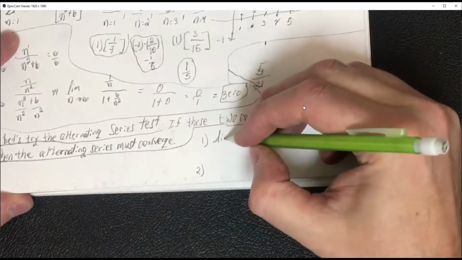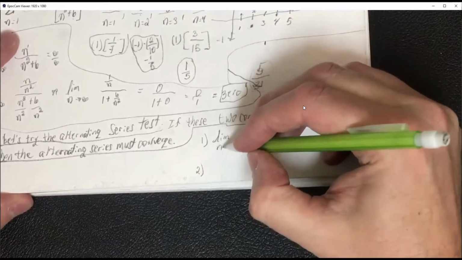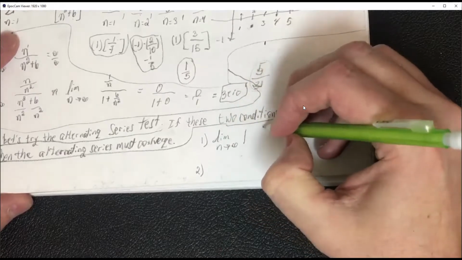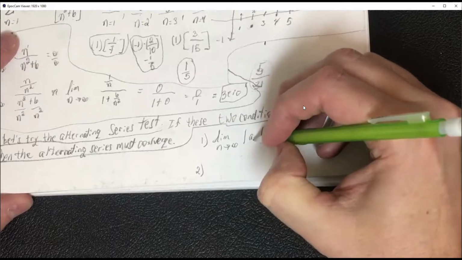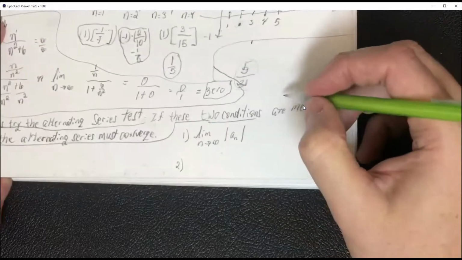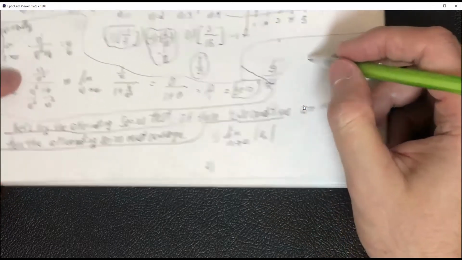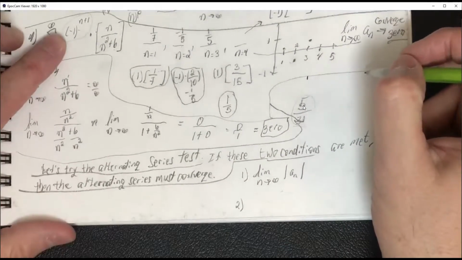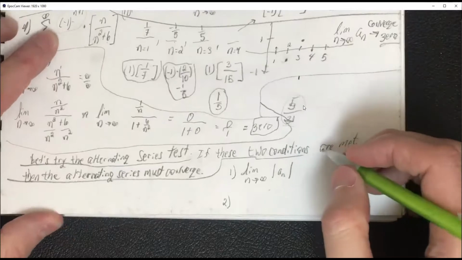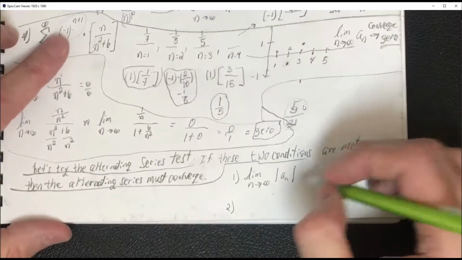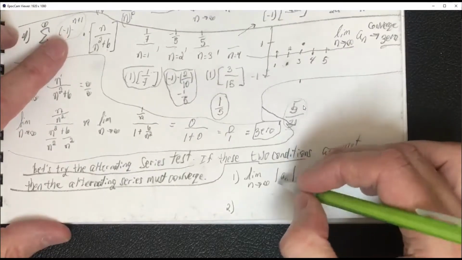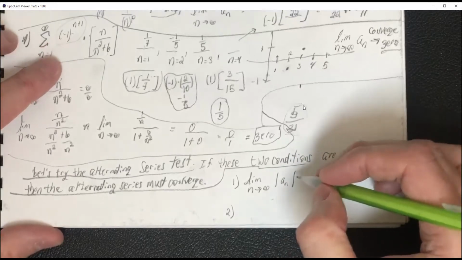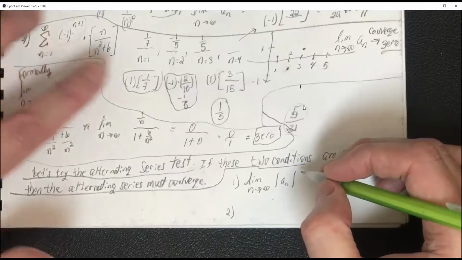The limit as n approaches infinity of the individual terms of the sequence, ignoring the alternating part. Another way of saying ignoring the alternating part is to take the absolute value, which just takes away the negatives.